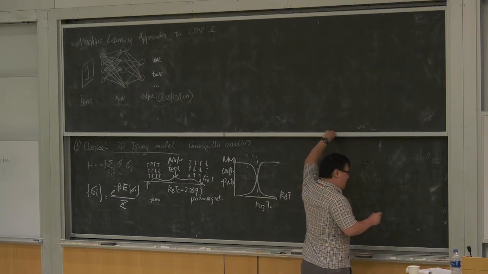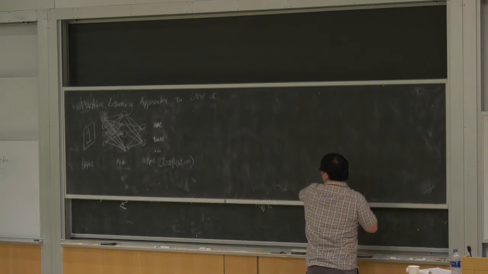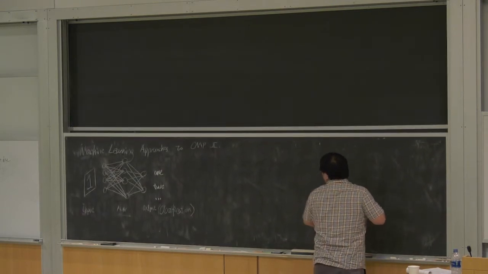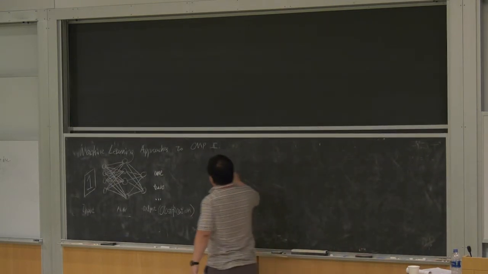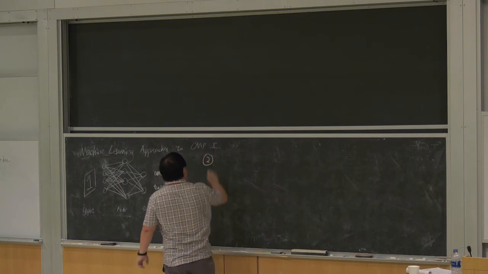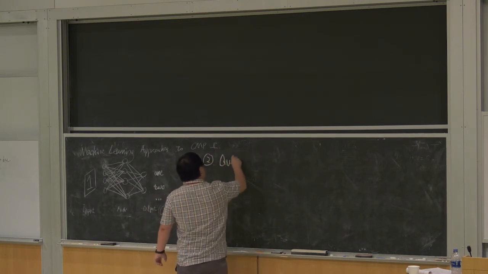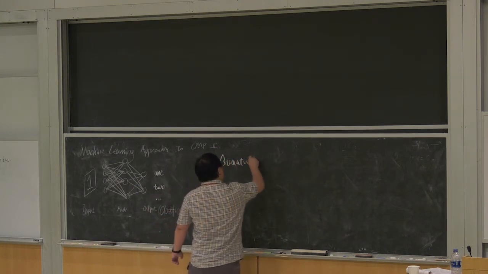But now the major problem comes when we want to go one step further. We want to do something we all like, that is a quantum many-body phase, or condensed matter.